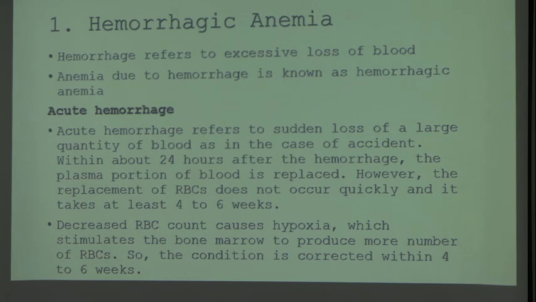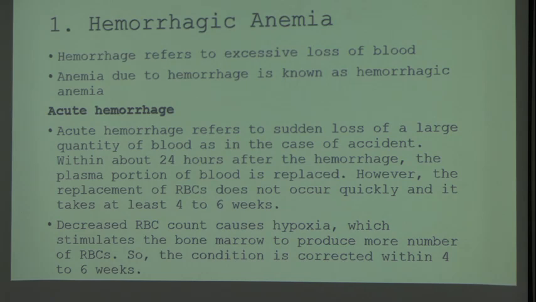But because of the entry of additional fluid, the blood will be diluted, so when we analyze it, it will show low RBC content, low WBC content, low PCV. This is the result of acute hemorrhage.